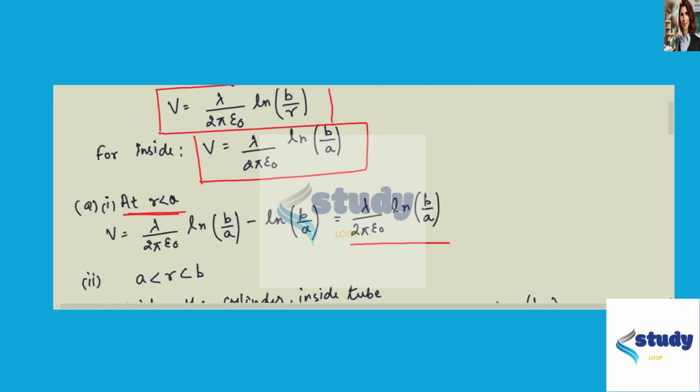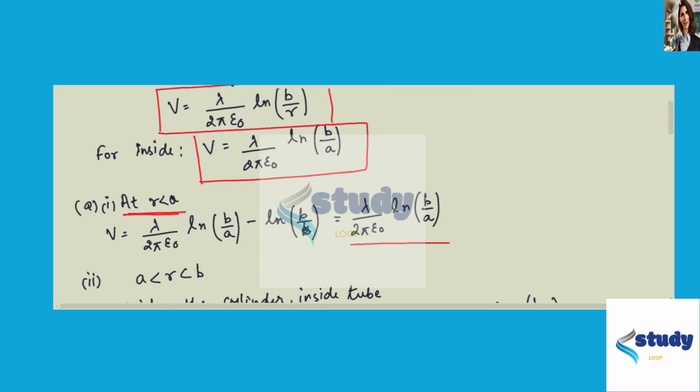I should correct it: it should be b by b, right? So this becomes ln 1, which is 0. So this finally makes V equals lambda by 2 pi epsilon naught ln b by a.